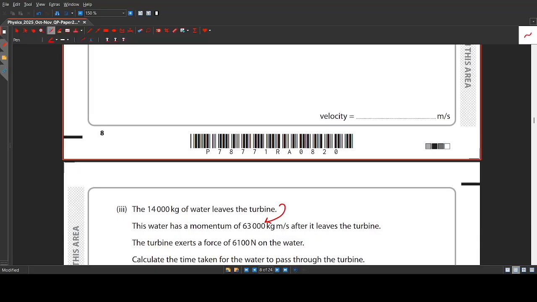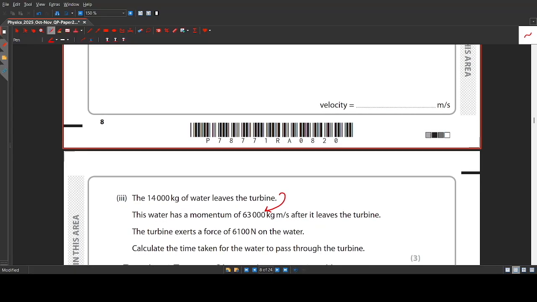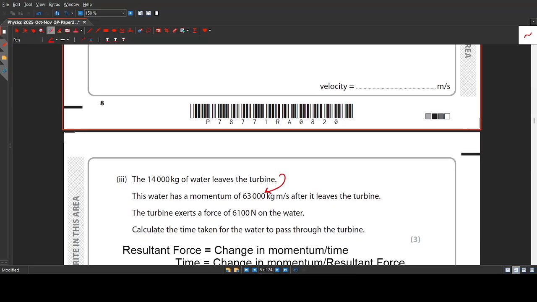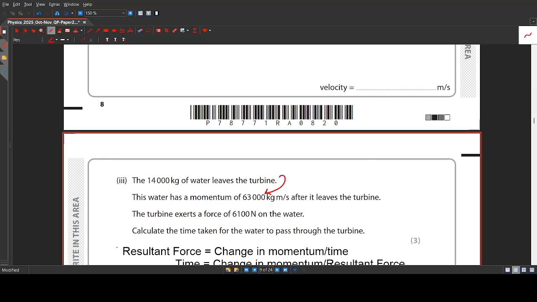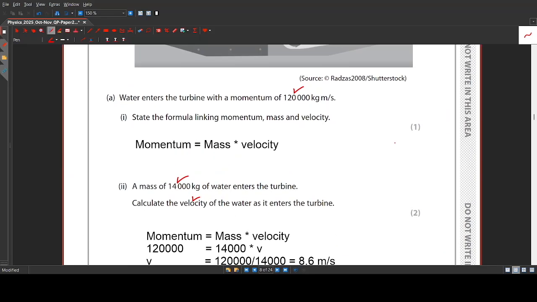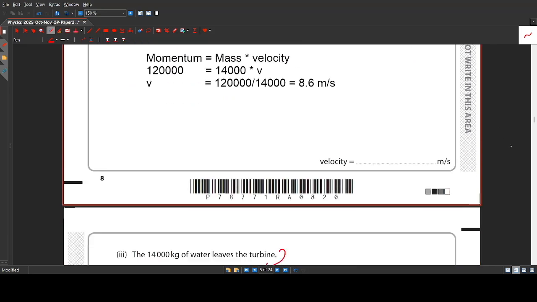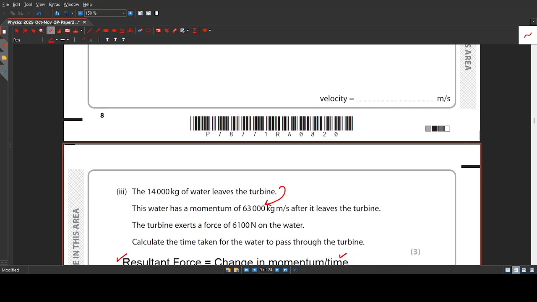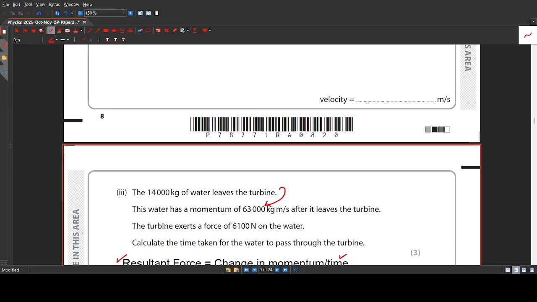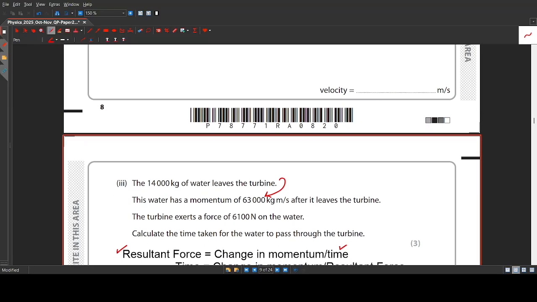Now we know that according to Newton's second law, resultant force is directly proportional to the rate of change of momentum. If we write that using an equation, that would look something like this. Resultant force is equal to change in momentum over time. So we can easily calculate the change in momentum because we know that the momentum when the water was entering the turbine was 120,000 and the momentum of water as it left was 63,000. We can calculate the difference between these two values, which would be initial momentum minus final momentum, because we'll have to keep the magnitude positive.